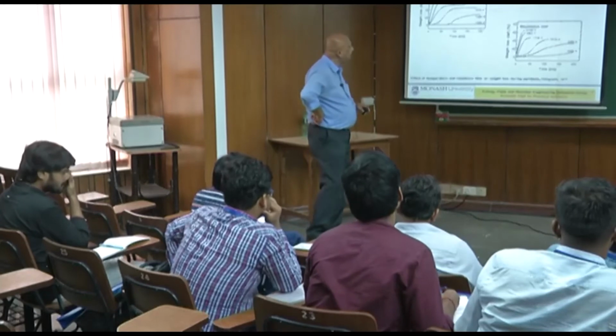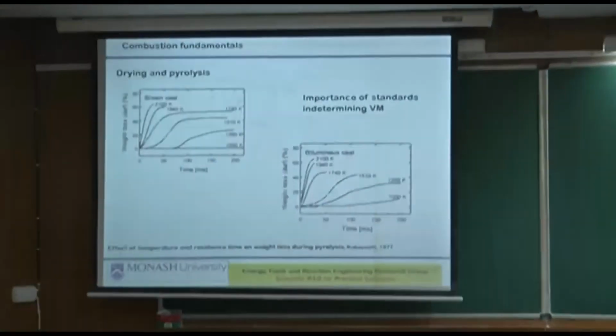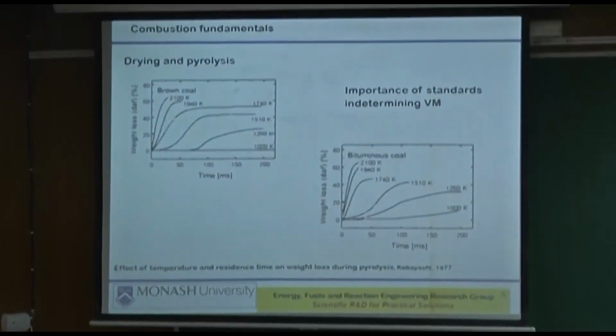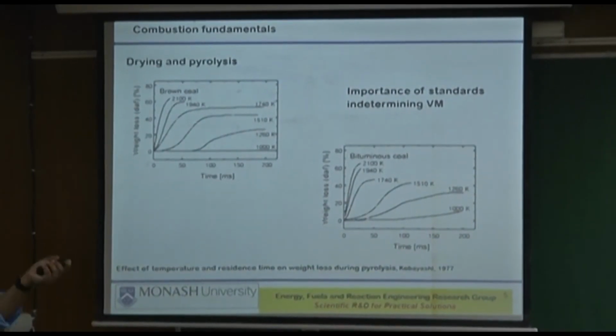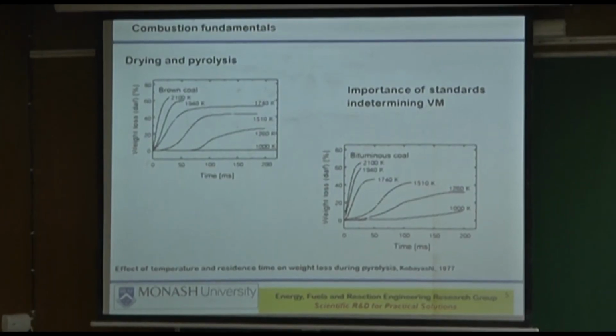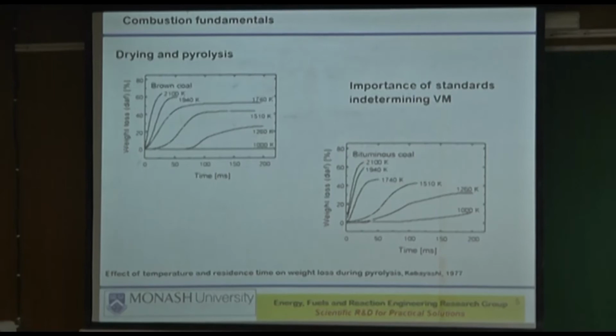So, I mentioned the importance of standards in determining the volatile matter: 900 degrees for 7 minutes is the internationally recognized standard. Otherwise, you will be getting a lot of different values.